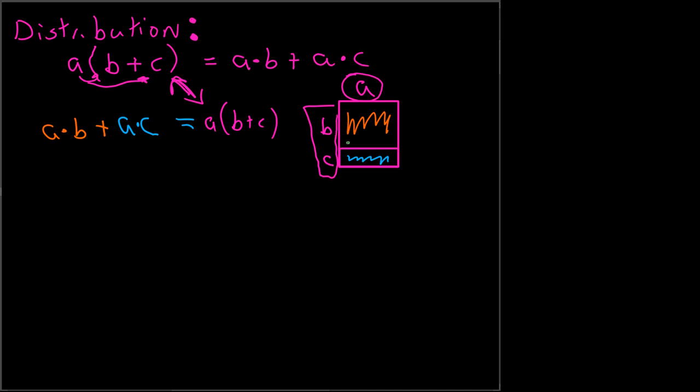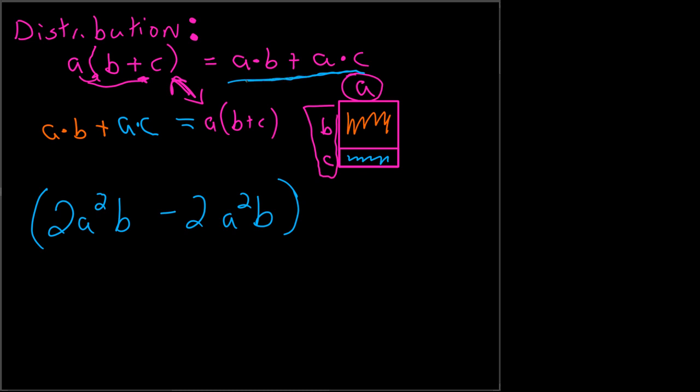I know we talked about this a couple times, but we haven't used it much. It does come in very useful when dealing with variables. So I'll start with what we just did with a like term. I'm going to use the exact a squared b minus 2a squared b, and I'm going to think about this as the answer on this side. Notice those are the exact same things.